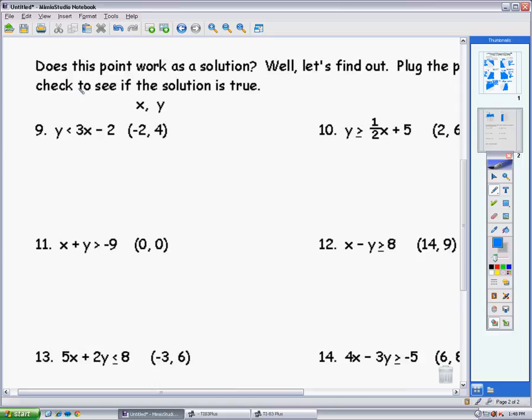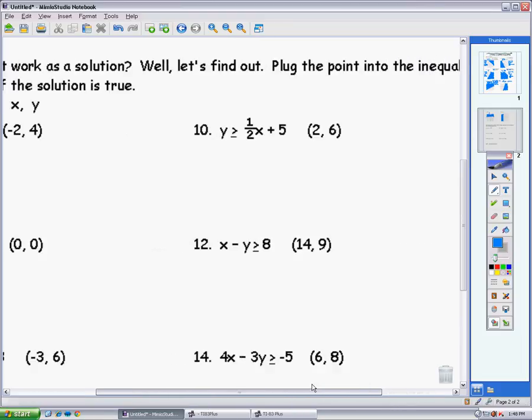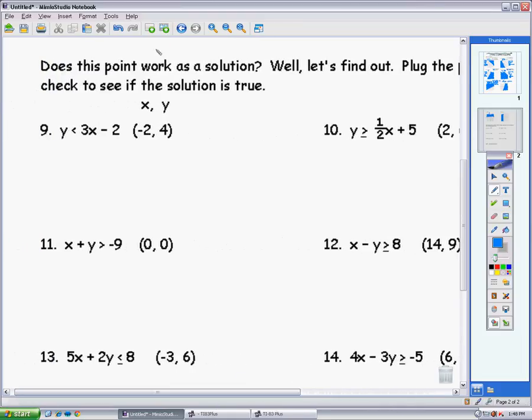Okay, does this point work as a solution? Well, let's find out. Plug the point into the inequality and check to see if the solution is true. So this is just evaluating. So if -2 is my x coordinate and 4 is my y coordinate, I'm just going to plug those in. So y is 4.